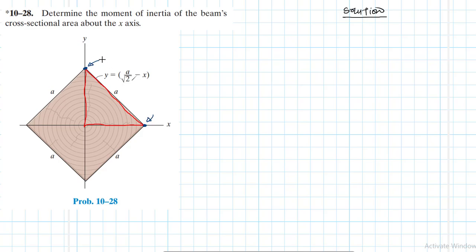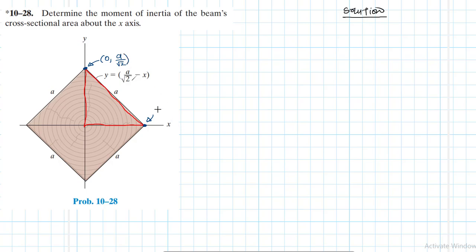At that point, my value of x is 0. If I plug in 0 in my equation, what is my y? My y becomes a.